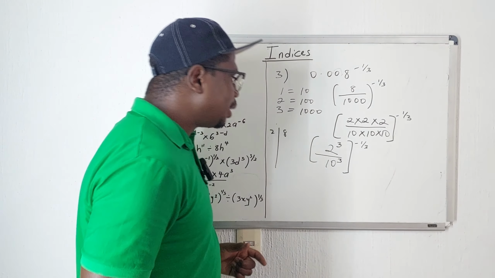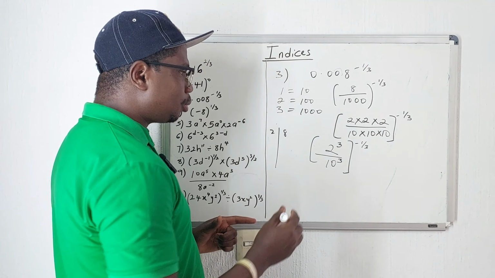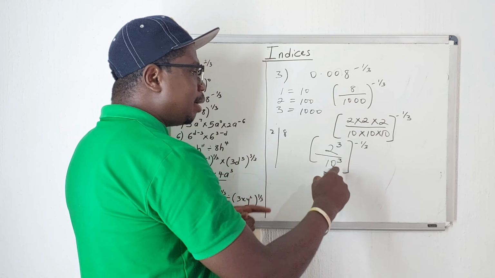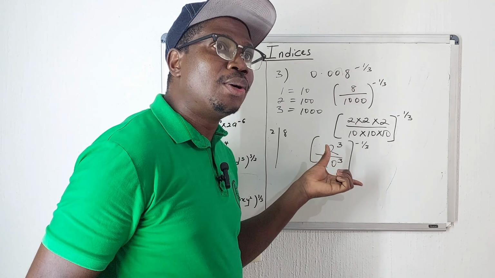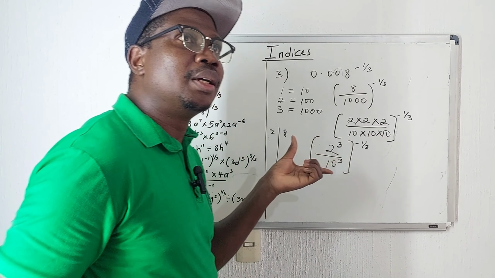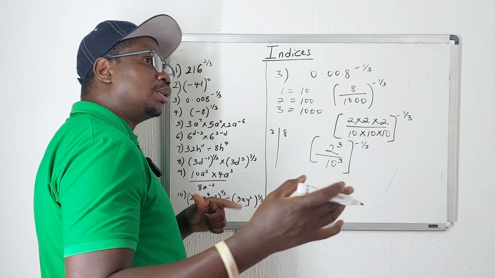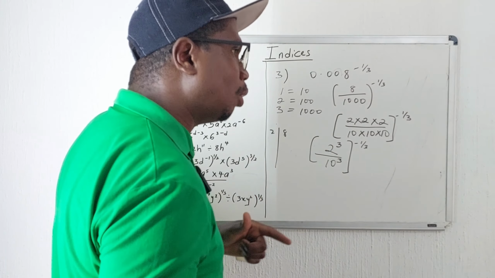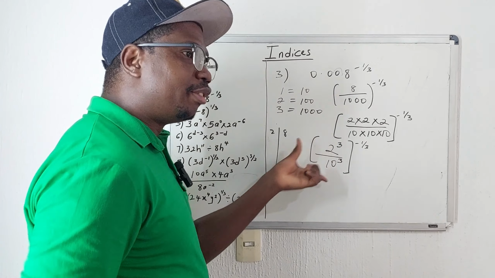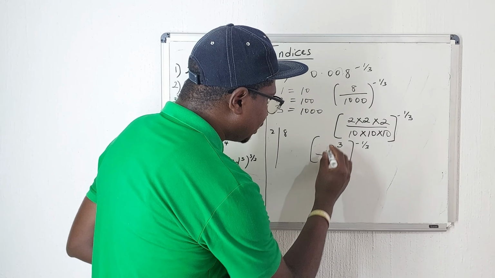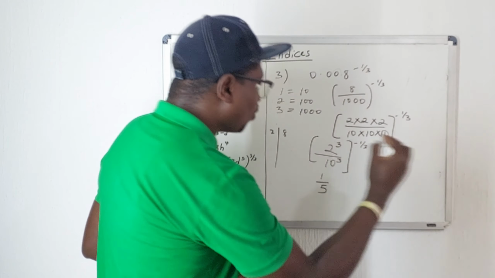Now, what do we do next? You remember from our laws of indices, I think the fifth law, the product law: we have the same power, but different bases. So we can take 1 and divide. 2 divided by 10 is what? 1 over 5.